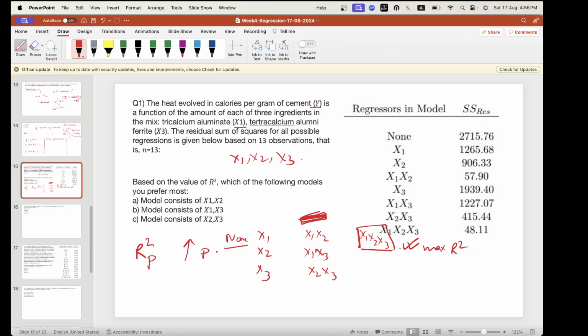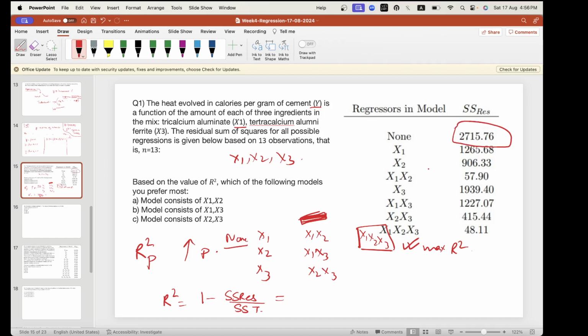Right, now r square is how much? R square will be calculated as 1 minus SS residual by SS total. Alright, so in this case, which is the SS total? SS total is this one, total variation.